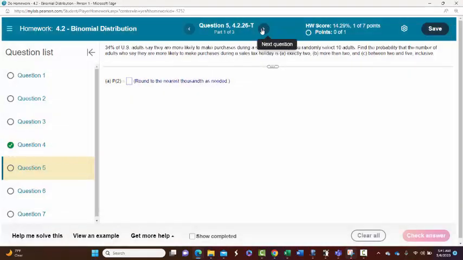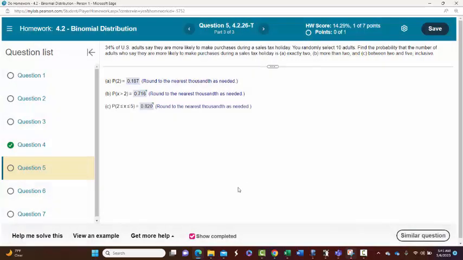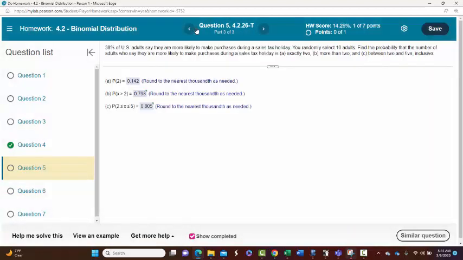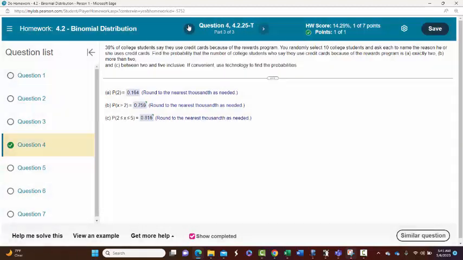Should probably do one of these. Let me just check one of these next two. I skipped over, actually I deleted, that first mean, variance, standard deviation. I got another one here. I'll do one of the ones at the end. Wait, do I have the exact same question in there twice? No, but it's very similar. It's the same x's.